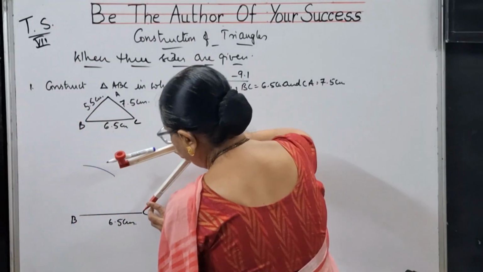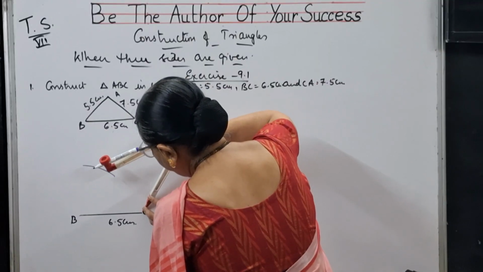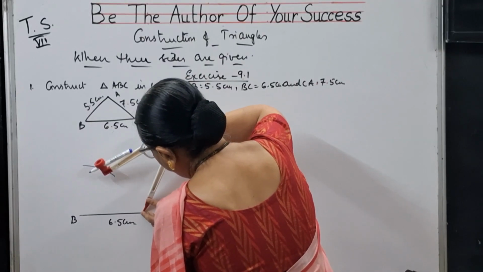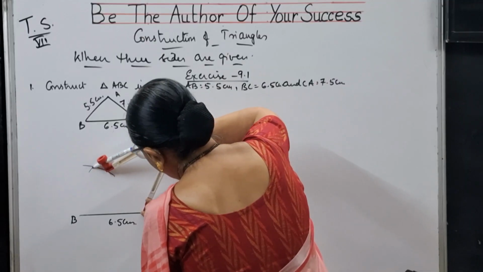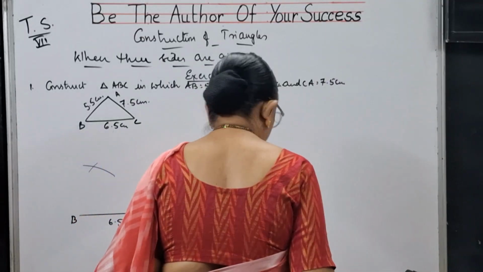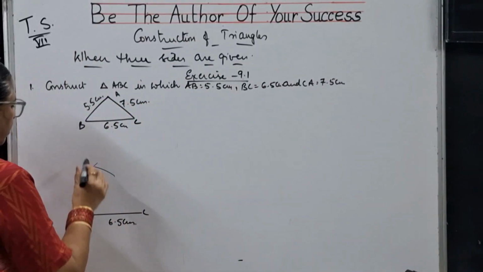So, this is C. C as a center, 7.5 centimeters as radius. You have to draw another arc like this. So, now what did you get? You have got a point.